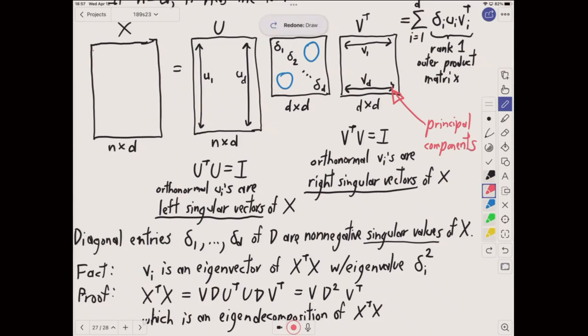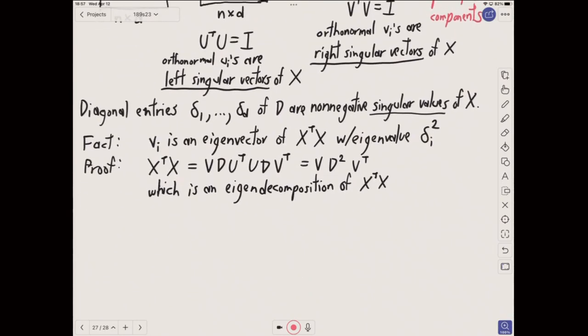So what makes the SVD useful? One of the things that is useful is that if d is large, you can often compute the SVD faster than you can even compute the matrix X transpose X. Let's look at a special situation. Remember, we don't usually want all of the principal components. We just need some of them, the ones associated with the biggest eigenvalues, or in the case of the SVD, the biggest singular values.